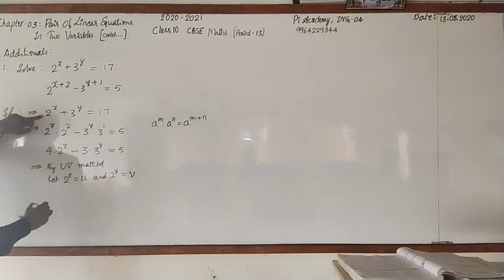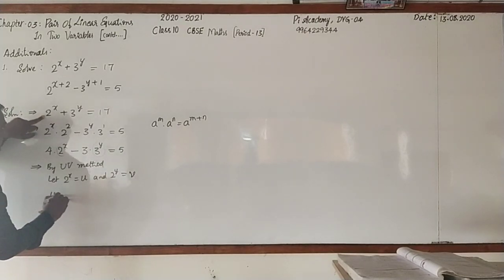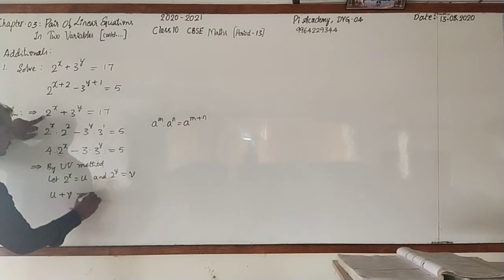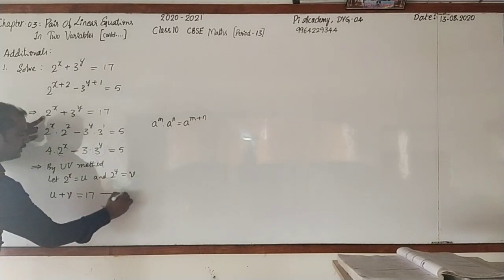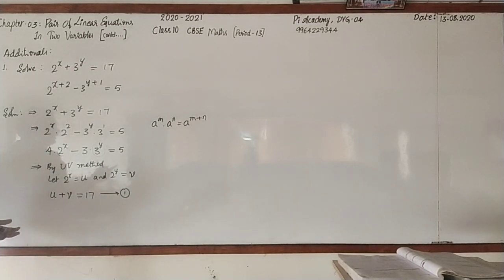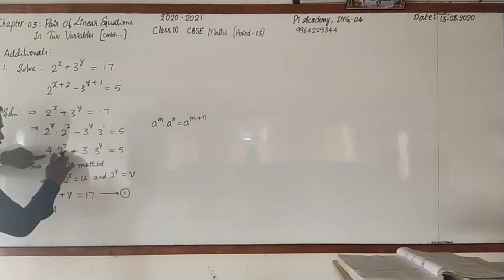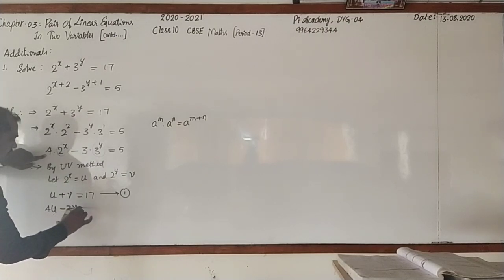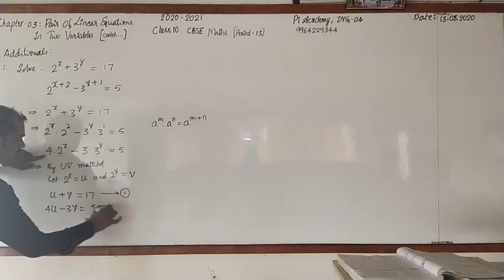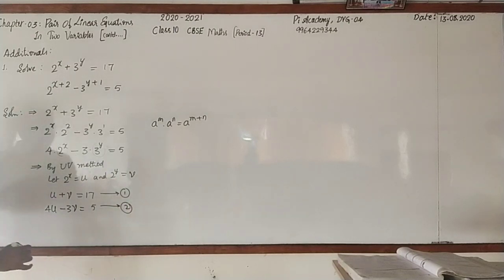Then how do you write the first equation? It is u plus v equal to 17. You may call it equation 1. Did you understand? Yes. Next, the second equation is 4u minus 3v equal to 5. You may call it the second equation.